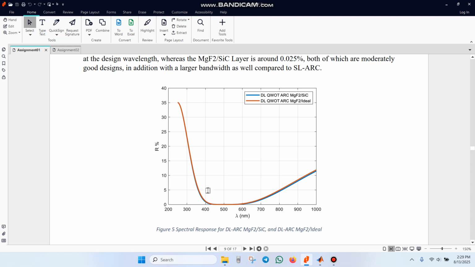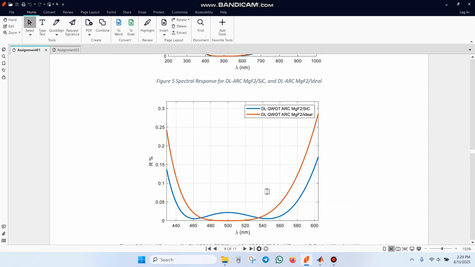If we are looking at this chart, it doesn't look much different, but if we zoom in around the 500 nanometer wavelength, we can clearly see that the ideal design basically offers zero reflectivity at 500 nanometer wavelength, whereas the real design, which is with silicon carbide, does not offer 0% reflectivity at around 500 nanometer, but still they are very close. As you can see, the difference is less than 0.025%, and it's almost negligible.